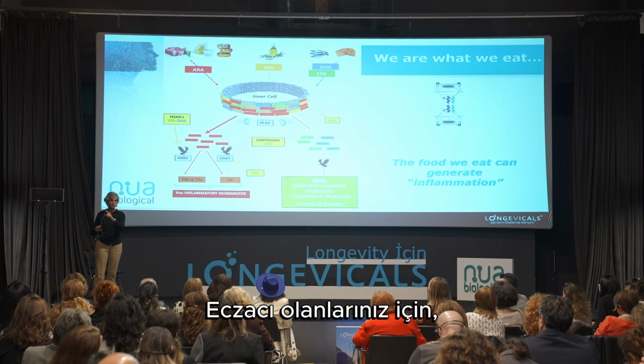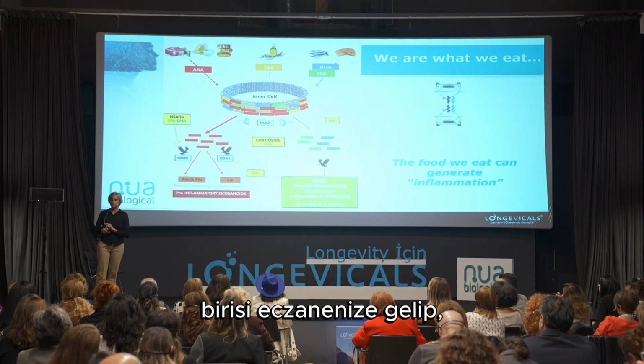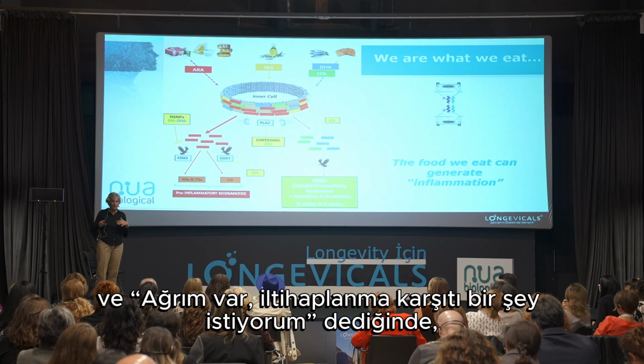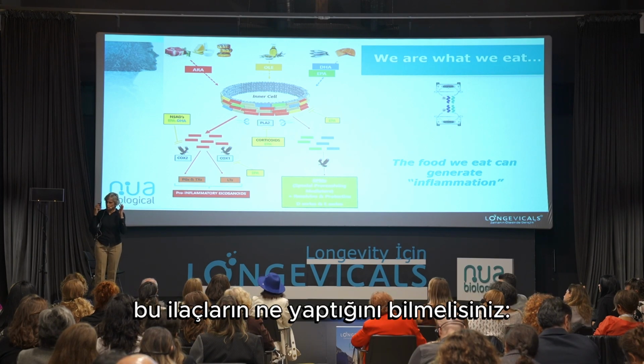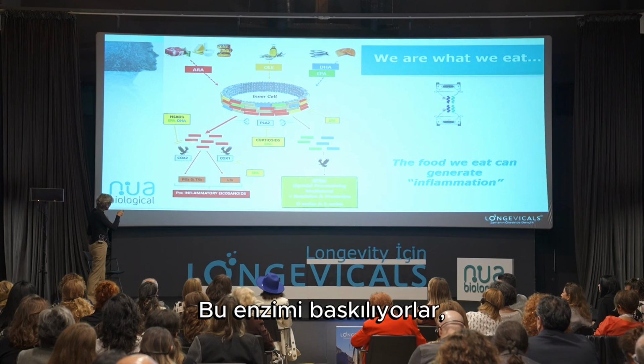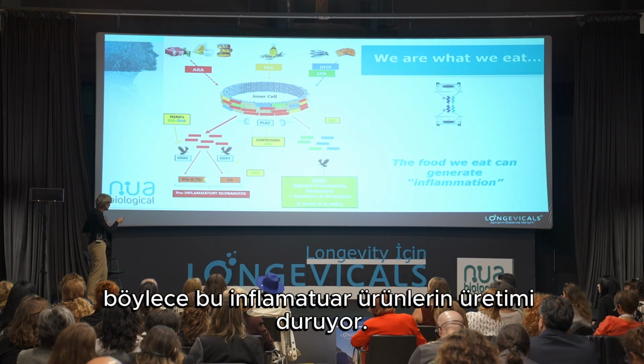So for those of you who are pharmacists, when somebody goes to your pharmacy asking for ibuprofen or naproxen because they're in really painful inflammation, you should realize that what those drugs do is kill this bird. This vulture, I shoot it down. So you stop producing this, so you feel better.